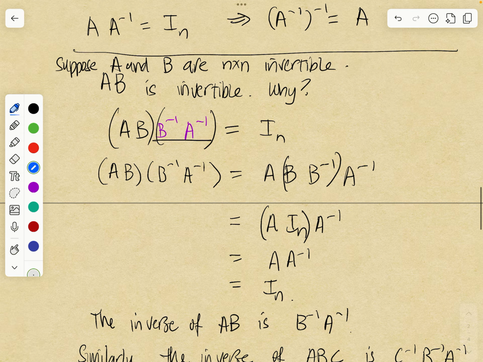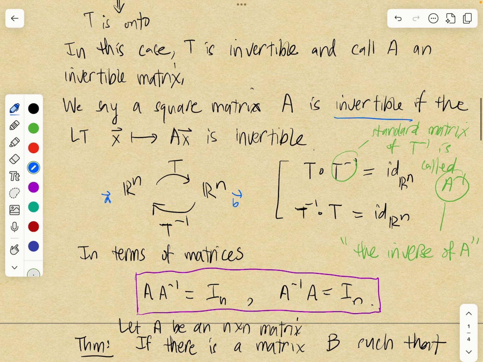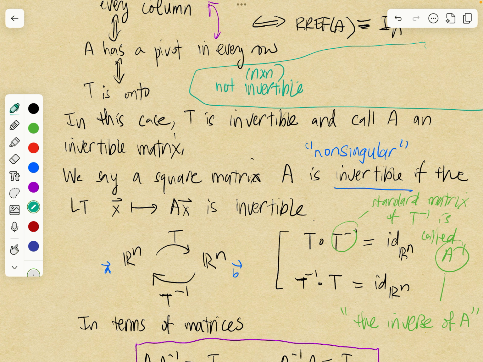Also, I should add that another term for invertibility that's sometimes used is non-singular. And a not invertible matrix is called singular. So I'll just write that down, maybe here. This is an n by n matrix. A non-invertible matrix is often called singular.